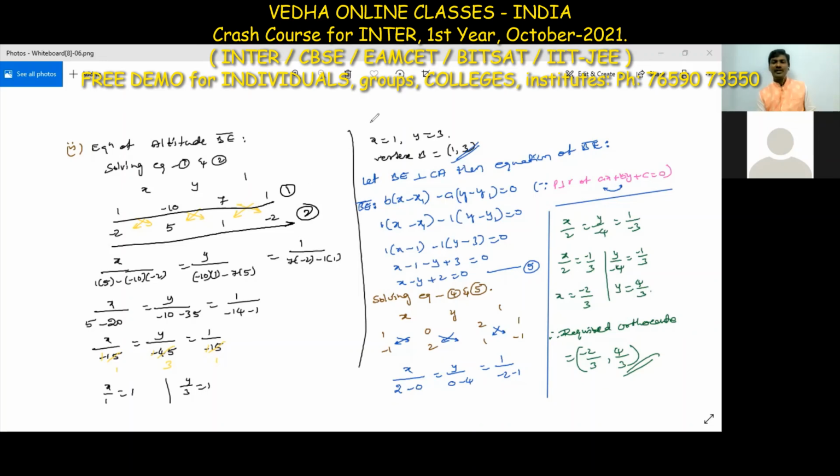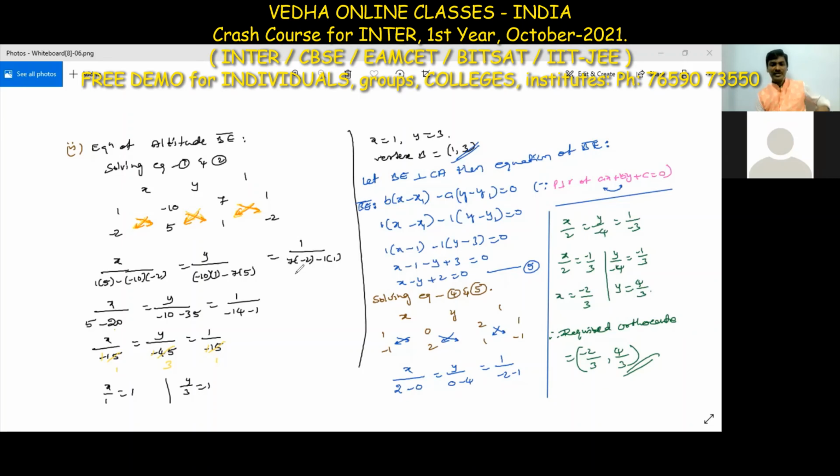After taking those, we multiply: 1 into 5 minus 10 into minus 2 is equals to y divided by minus 1 into 10 minus 7 into 5, is equals to 1 divided by 7 into minus 2 and 1 into 1. So x divided by 1 into 5 is 5 minus plus minus 20. y divided by, here minus plus minus only minus, 7 into 5 is 35.